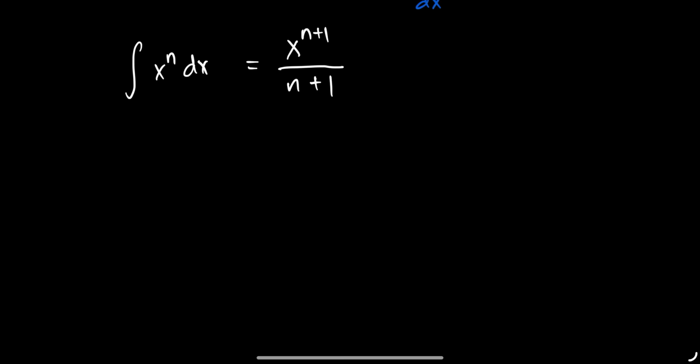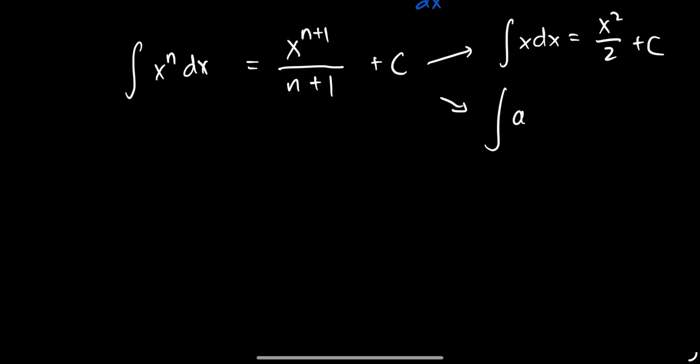So some basic rules are, obviously, if we take the integral of x^n dx, it's the same thing as x^(n+1) over n plus 1, plus c. And this brings on some other results, such as the integral of x dx is the same thing as x squared over 2 plus c. This also tells us that the integral of a dx is the same thing as ax plus c, right?